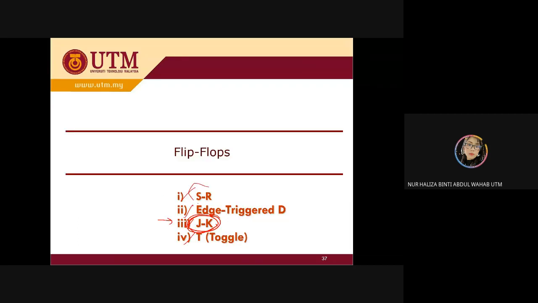Although you can see here, you got SR. This is your SR from the lectures. And if let's say you have the SR latch, you have the EN there, something like this. But if you have a flip-flop, whatever flip-flop, SR, JK, and T, this part will be changed to this symbol.